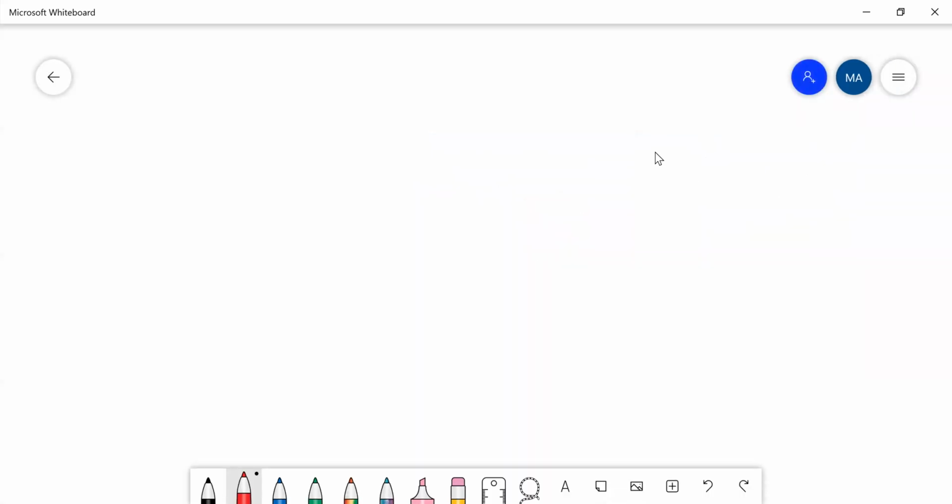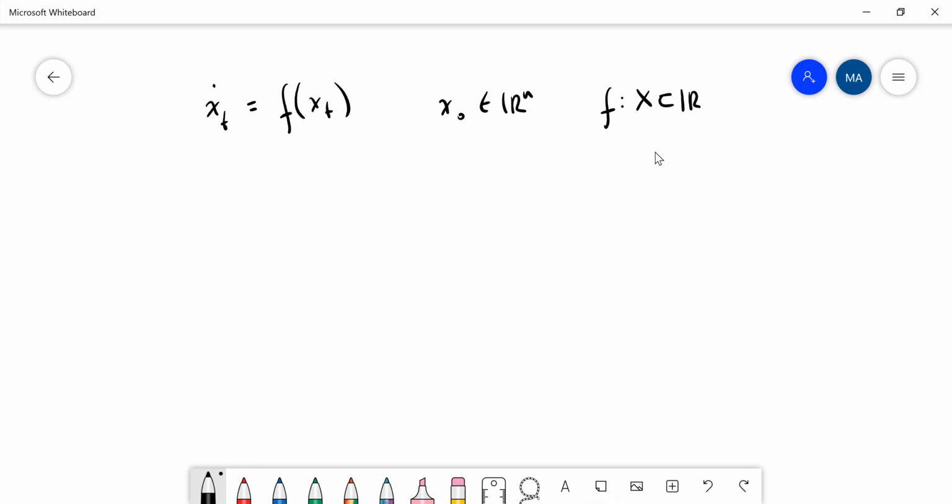So, again, let me write the system here. An initial point is given, okay? And f is a function defined in this way.